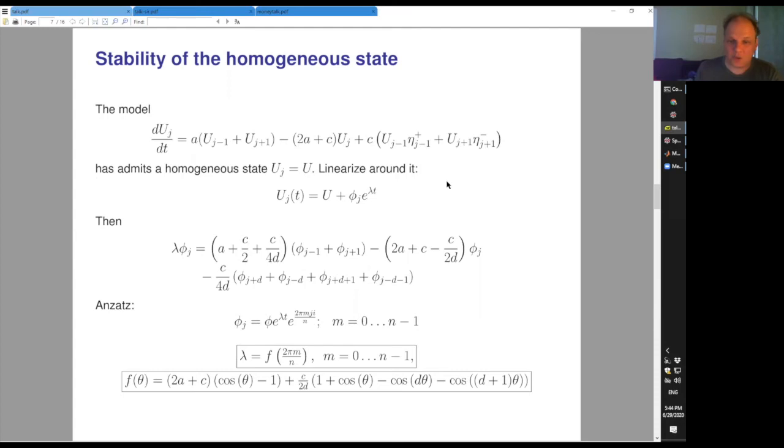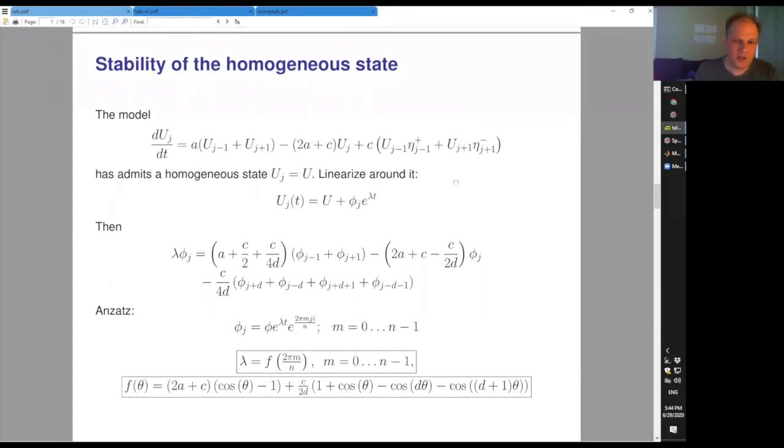And so what do we do when we have a homogeneous steady state solution? Well, we look at its stability, right? We ask, what is the linearization around this constant steady state? You plug it in, and you get this matrix equation for the eigenvalue lambda.